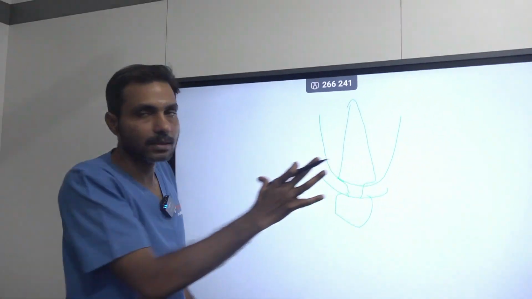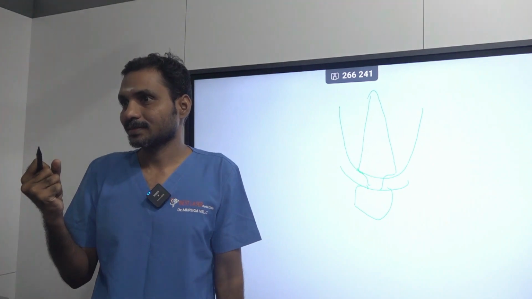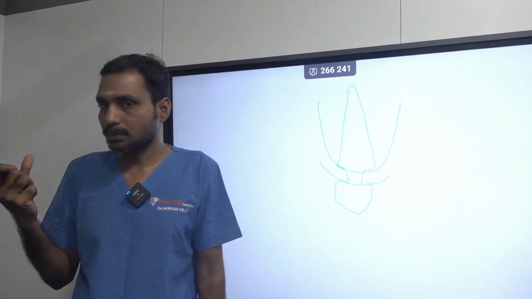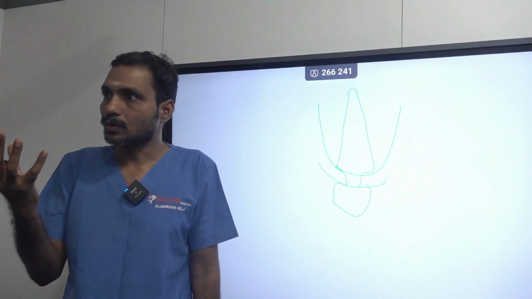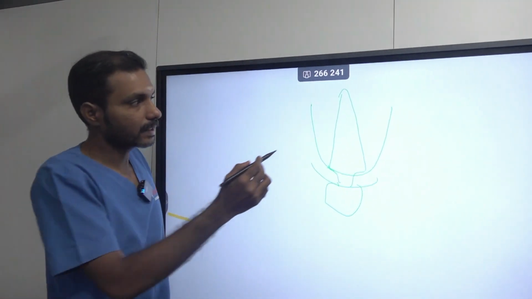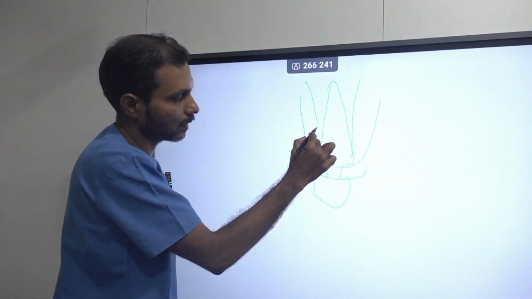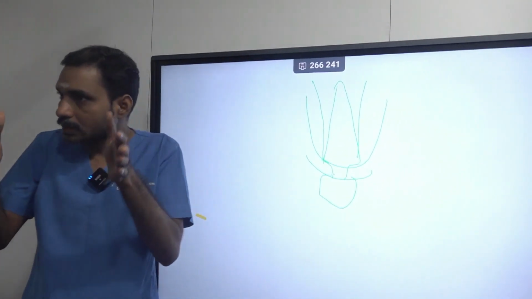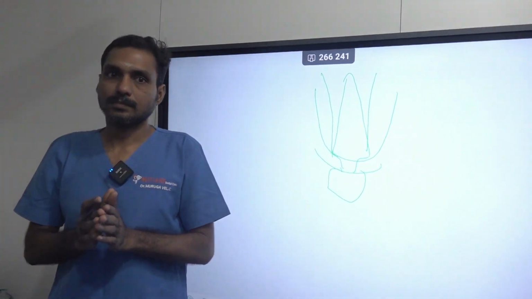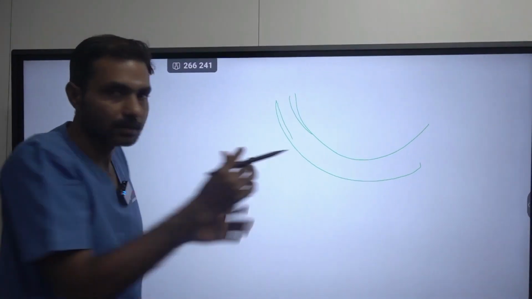The maxilla bone is going to atrophy because it is getting less blood supply. It is going to atrophy, means shrinking. So if you see the X-ray, it will be like this. Very thin bone covering the implants. Actually, it shrinks.